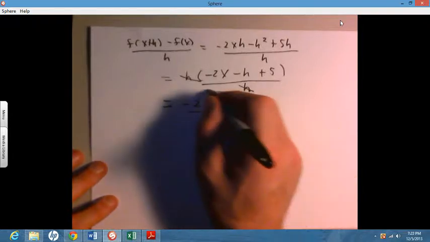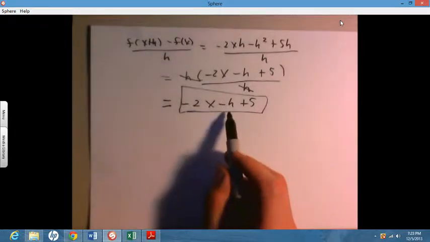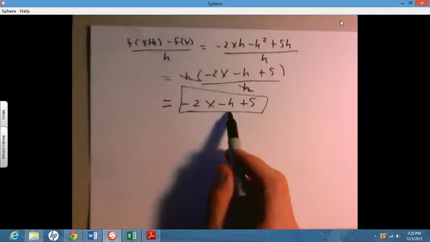Now, if we were doing a calculus course, this is actually one of the first things you'd have to be comfortable with. And we would do one more step: we would let h go to 0. h is not 0, but say we were to let it just go to 0.